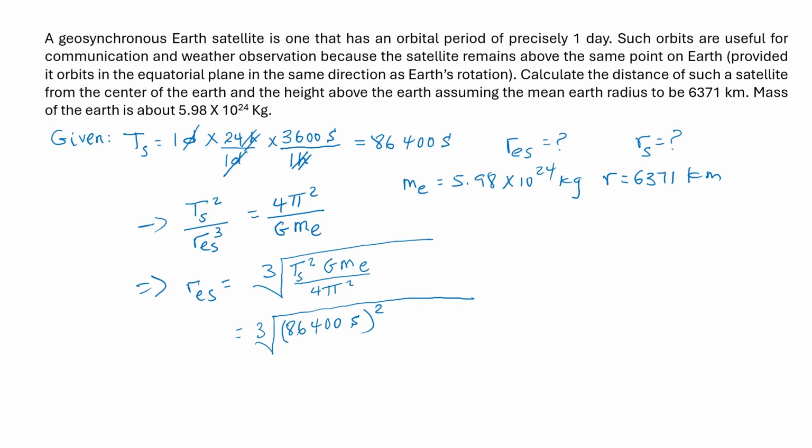We know the universal gravitational constant, which is 6.67 times 10 to the minus 11 Newton meter squared per kilogram squared. This is a table value. Times the mass of the Earth, which is given to be 5.98 times 10 to the 24 kilogram. Divided by 4 pi squared.